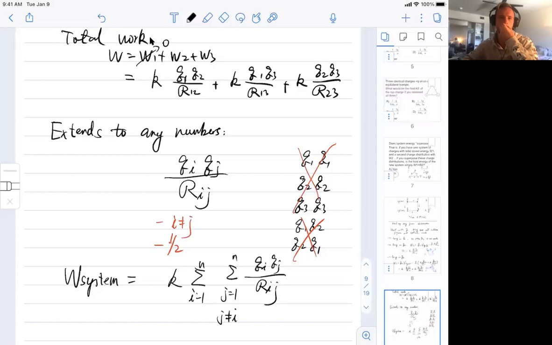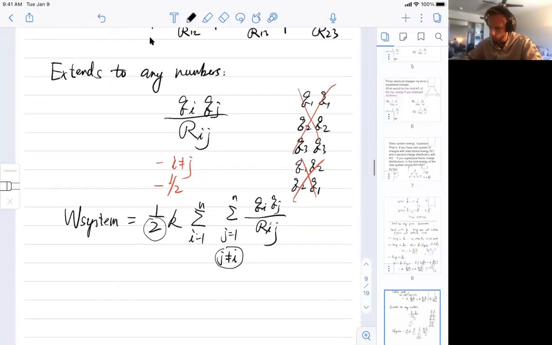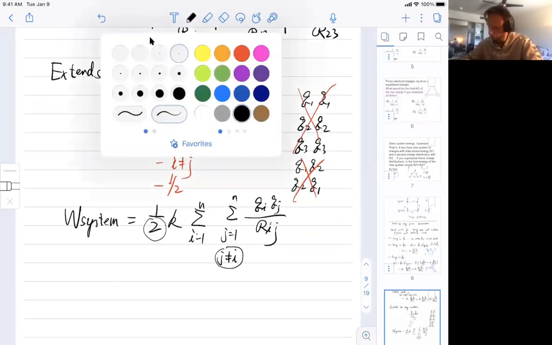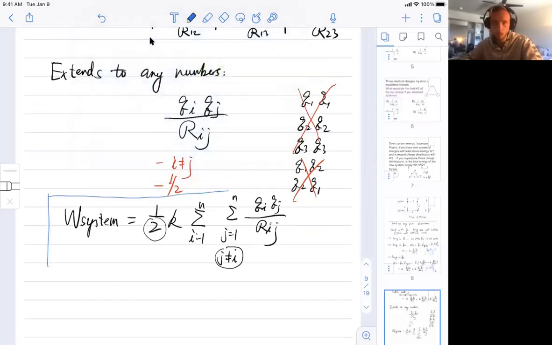You count it twice now, right? So divided by 2. So now this one will give you the correct expression. So that is a general expression we have derived for any charge configuration that we want to assemble in a certain way.